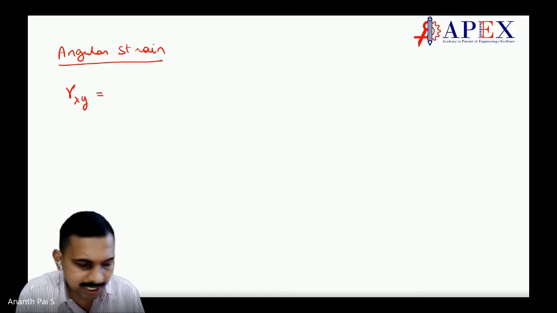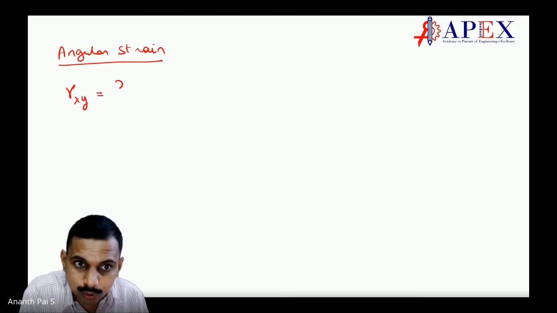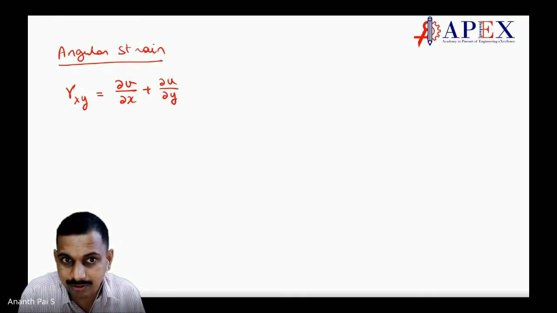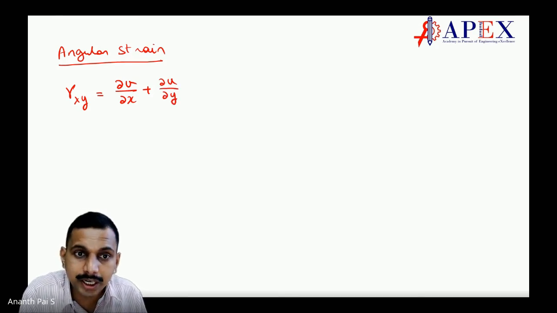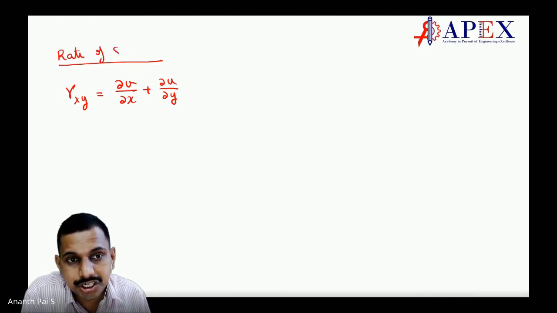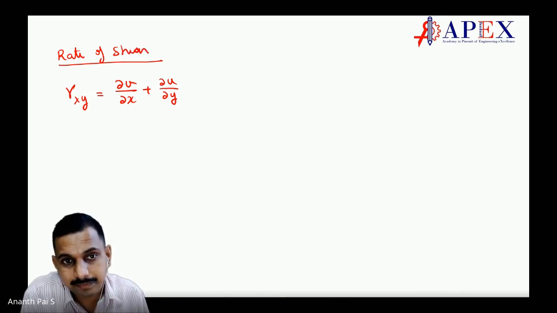This gamma xy is given as dou v by dou x plus dou u by dou y, the rate of angular strain, or rate of shear strain. The rate of shear strain would be this.